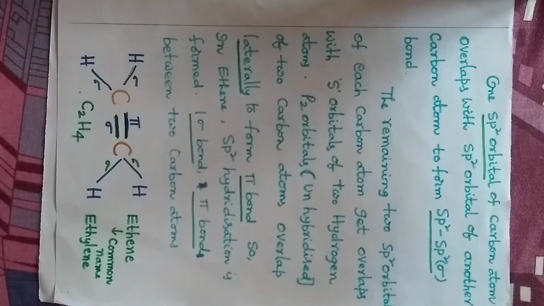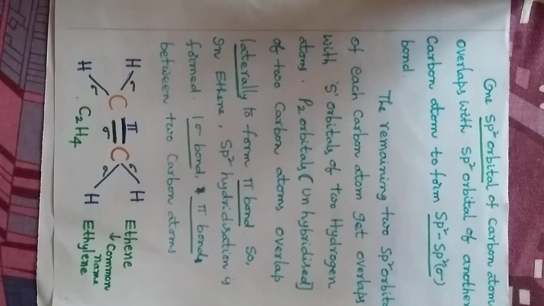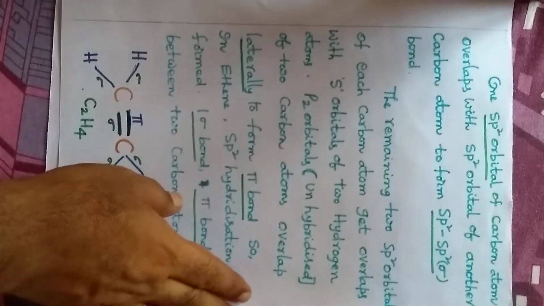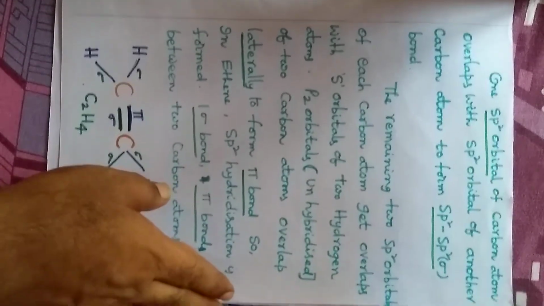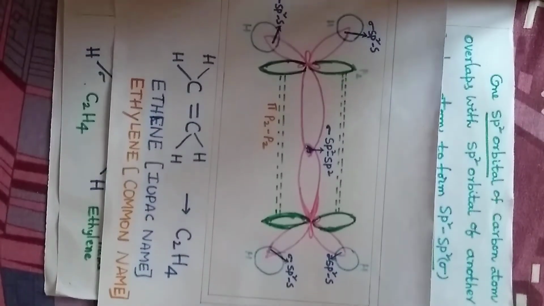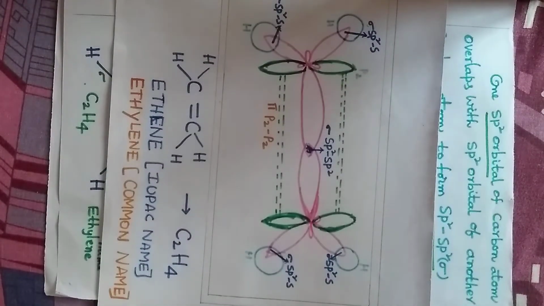Next, the remaining 2 sp2 orbitals of each carbon atom get overlapped with the s orbital of 2 hydrogen atoms. Now you consider this. I will explain. See this, this is another sp2 orbital.